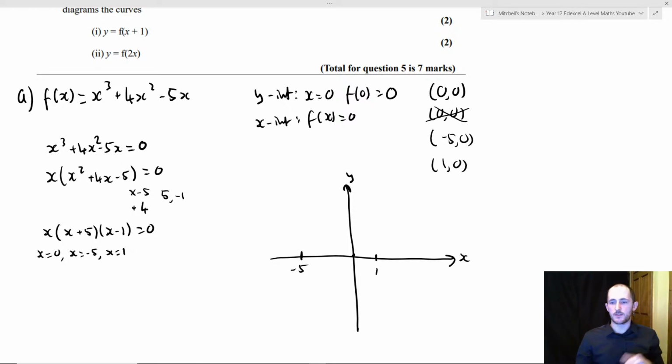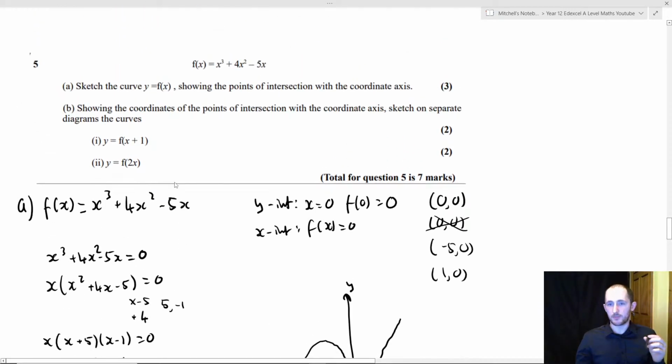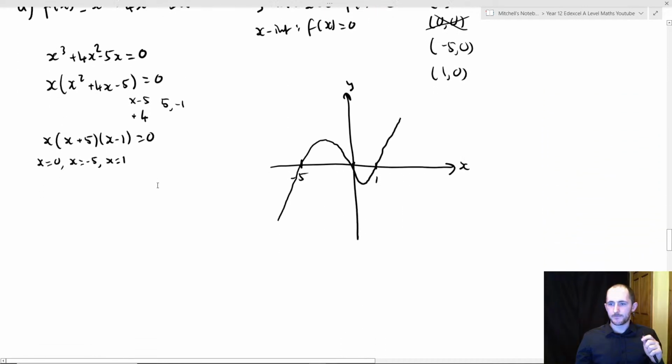And again, it's a positive cubic, so it starts from the bottom. Just like that. And that is all you need to do. For two, sorry, how many marks is that? That should have been 3, yeah, good. Okay.